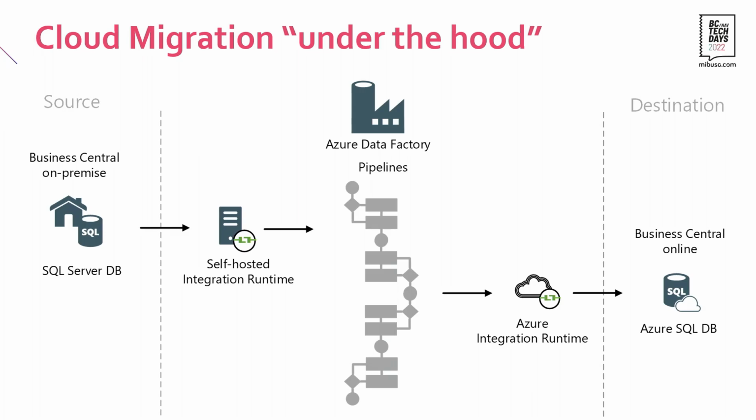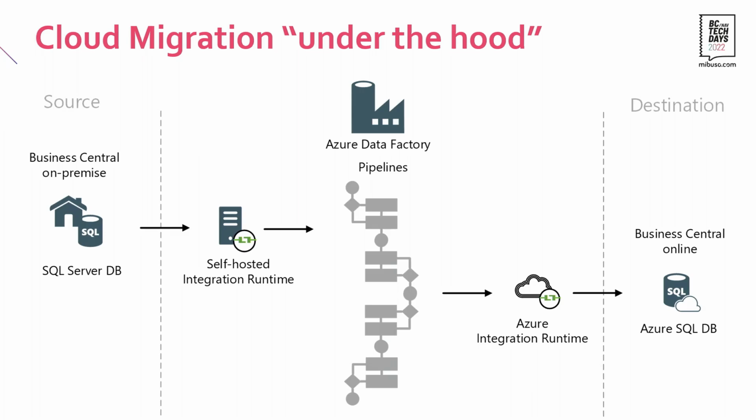This is installed within the network of the customer on-prem, and then registered with our Azure Data Factory. In that way, it allows us to do a secure copy of the data from on-prem into the cloud, where we then take it further with an Azure integration runtime to copy the data into the destination SQL database.